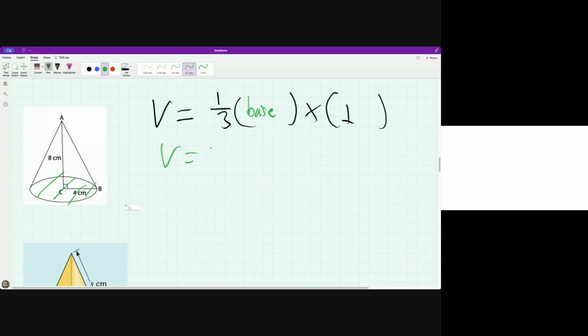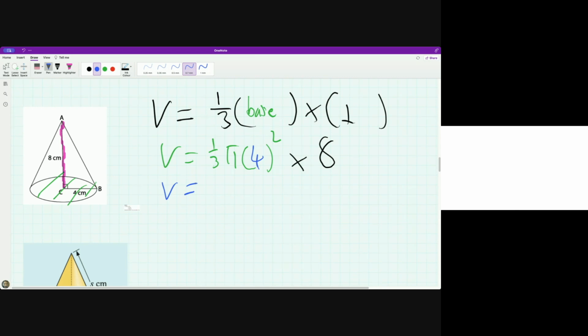So I think I can upgrade this formula to pi r squared, and then this, well, actually, I can see the height of the cone is that. So that's going to be 8. And then what goes in for the r, it's going to be 4.